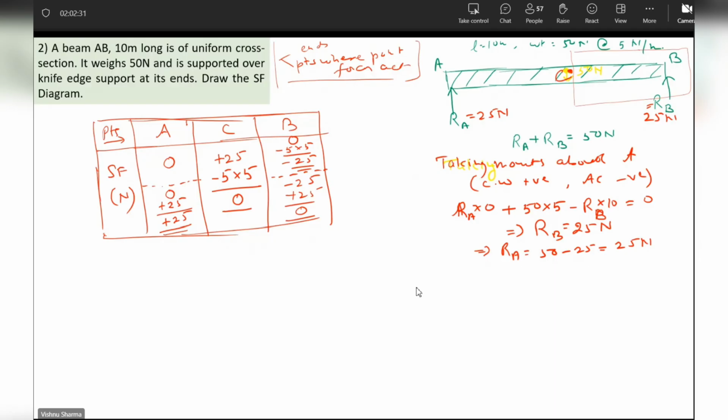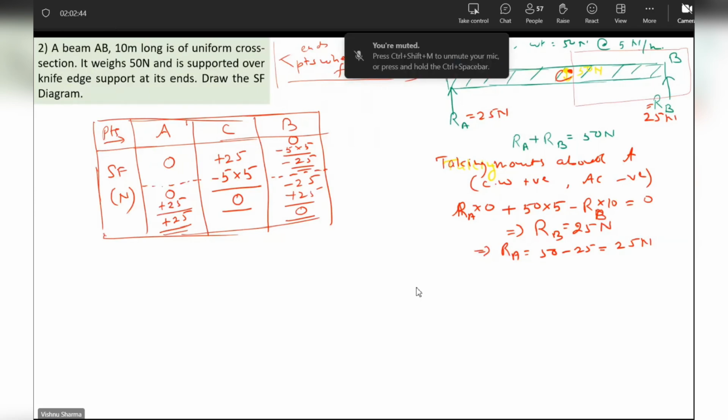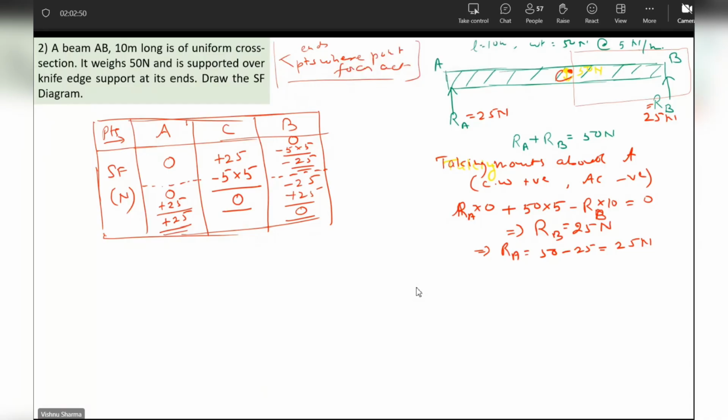Acha, what will be the value of RA into 0? What will be the value, beta? Sir, value will be 0, sir. So you put minus against it if that makes you happy. If you want to put minus, you can put minus. If somebody wants to put plus, they can put plus. If it is RA into 0, whether you put plus or minus, is it going to change anything, beta?